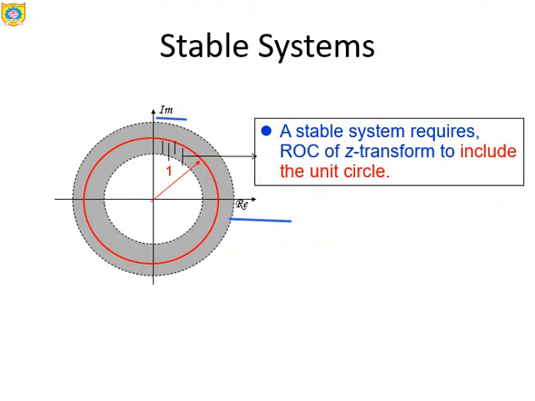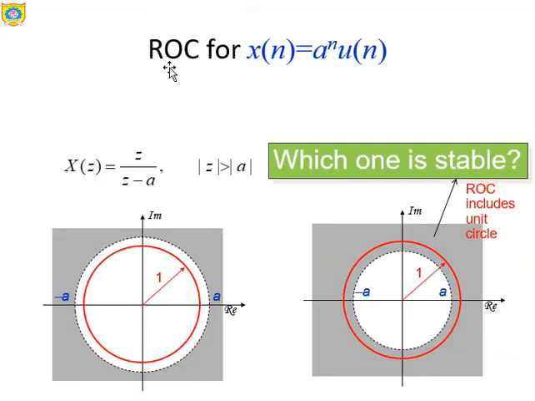Now let's discuss the same things with the help of the ROC for the desired expression. So this is our expression which we started with, x of n is equal to a raised to n u of n. Now if we want to plot the ROCs for this, the first case, let's assume that a is greater than 1, then this is what is happening.